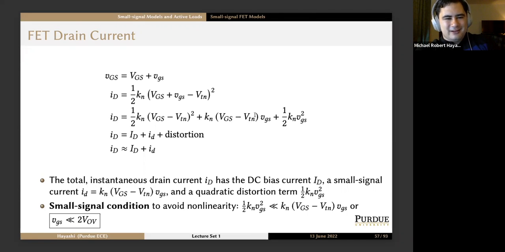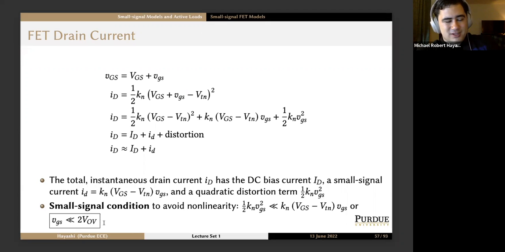If we look at this equation, we want the 1/2 Kn vgs squared term to be much, much smaller than the second term, Kn times quantity (VGS minus Vtn) times little vgs. That gives our small signal condition, which avoids nonlinearity: vgs must be much less than twice the overdrive voltage.